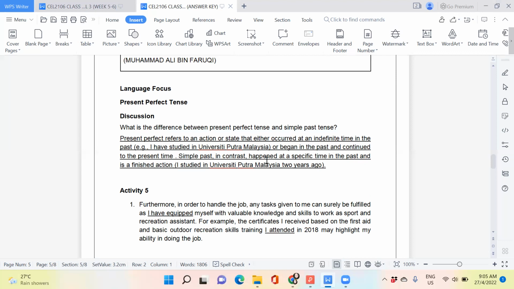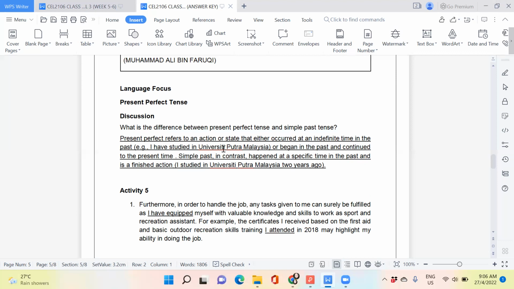I enrolled at UPM in 2020, so this is specific. You know already when. And it is a finished action. That means I have graduated already. I am no longer a student at UPM. And this is why I use simple past tense.